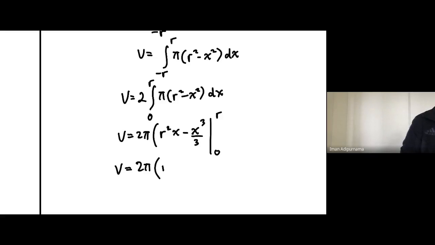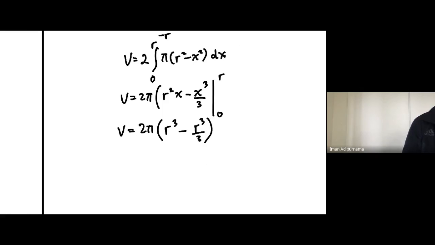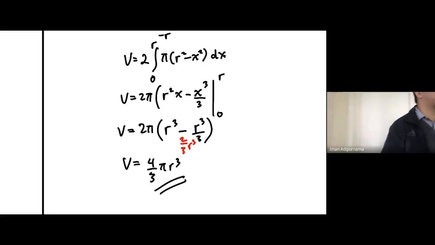So r squared x becomes r cubed. This is r cubed over 3. This will be 2 over 3 r, right? So volume is 4 over 3 pi r cubed. Okay, we prove the geometric formula for volume of a sphere.